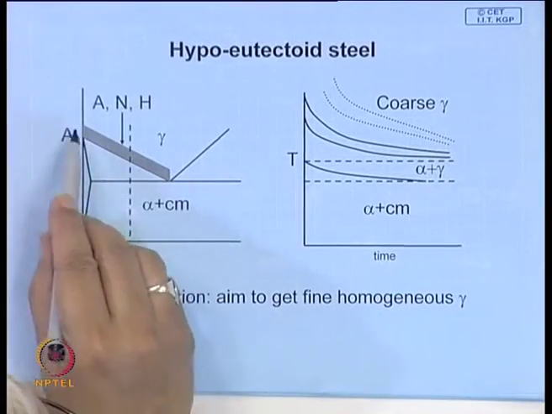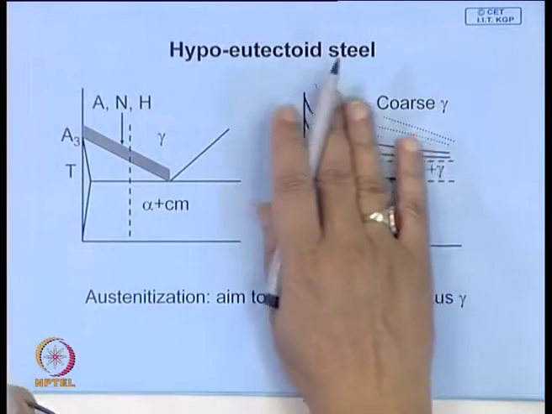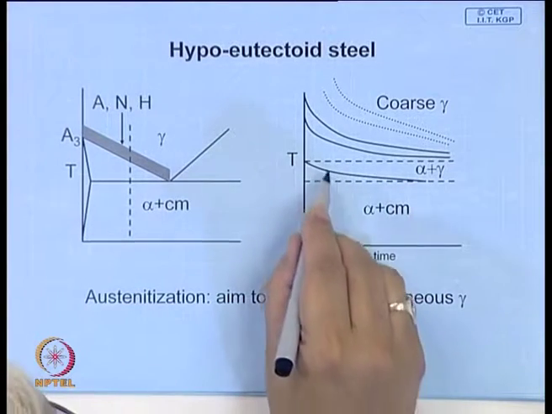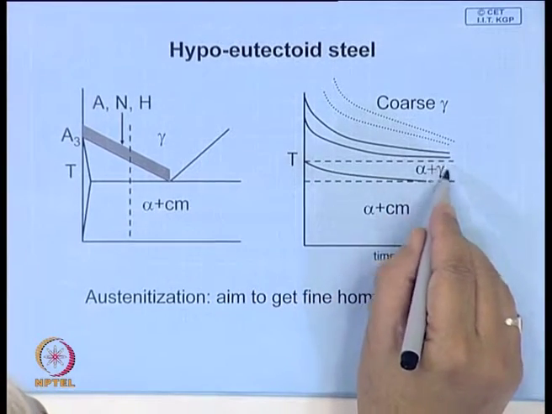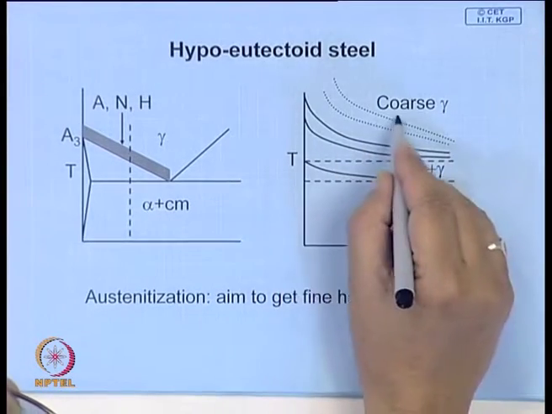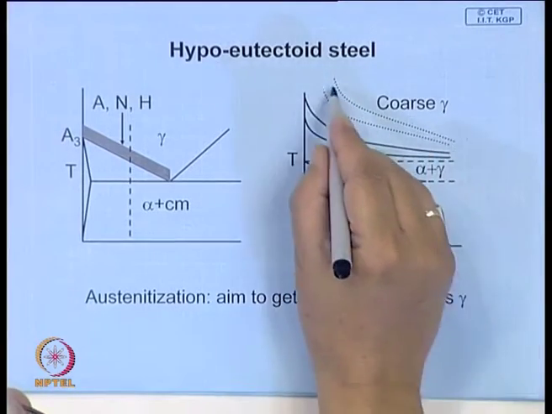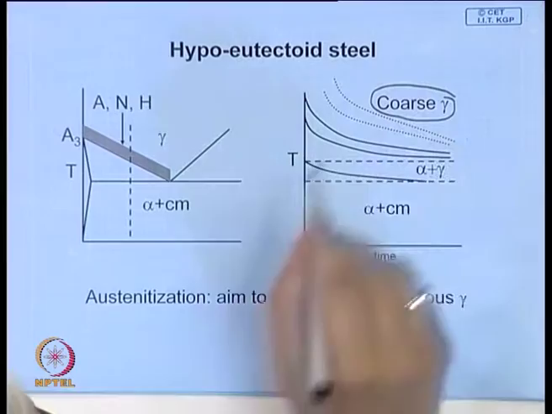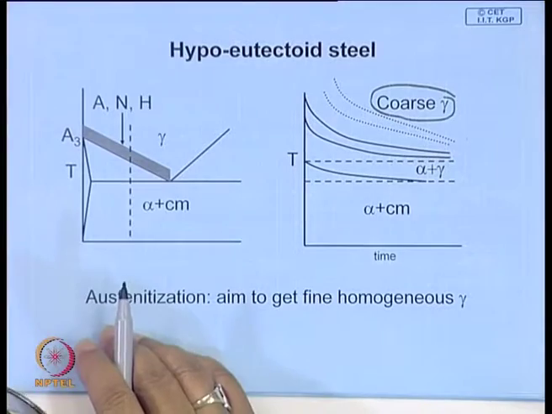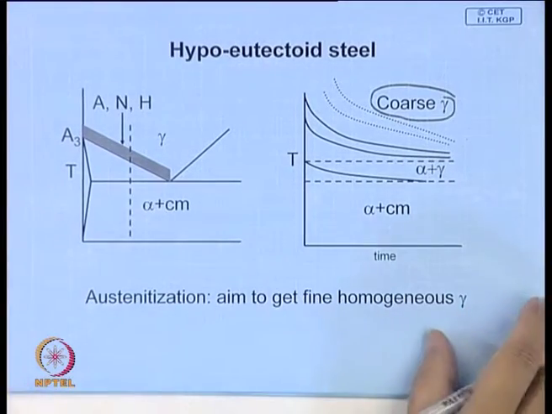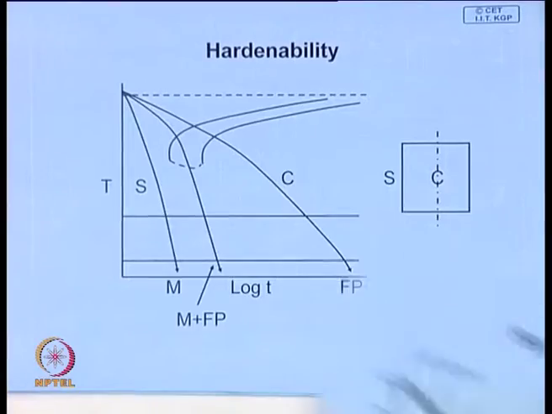The only difference is that the temperature of austenitization may differ; for hypoeutectoid steel, this is the temperature, and here again a similar transformation diagram can be visualized. This is the beginning of formation of austenite grains, and this is where austenite starts to become very coarse.